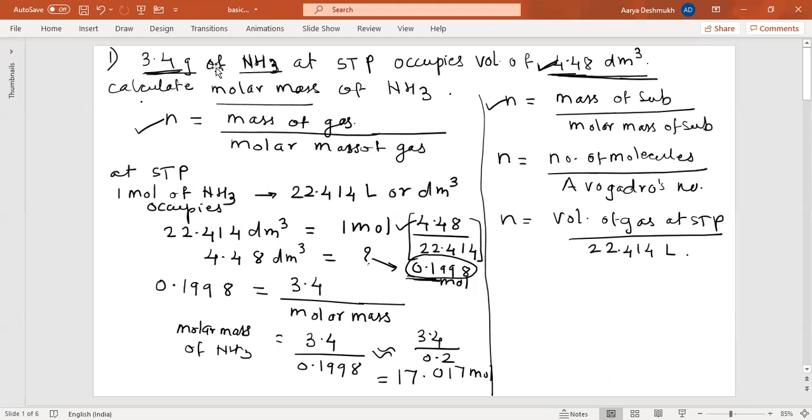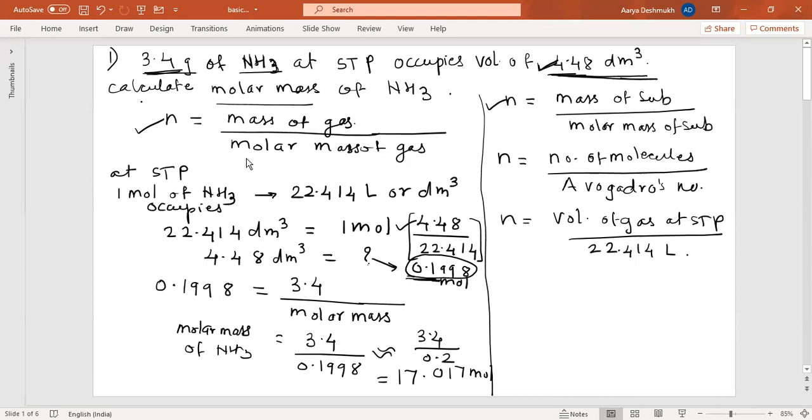Look here, the mass of the gas is given and the volume is also given. We used this volume for calculating the number of moles, and from the number of moles we calculated the molar mass, because we have this equation in front of us where we have the mass, but we were not aware of n, the number of moles, and the molar mass also.